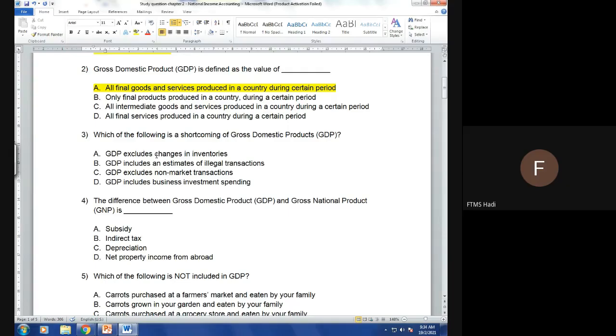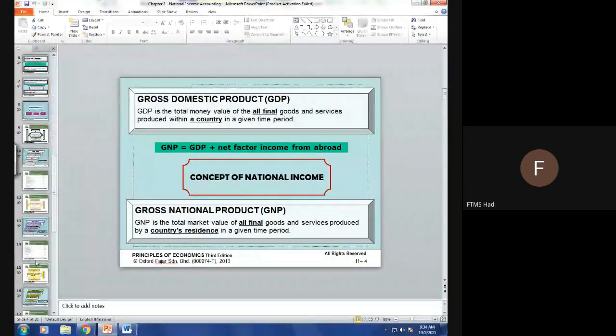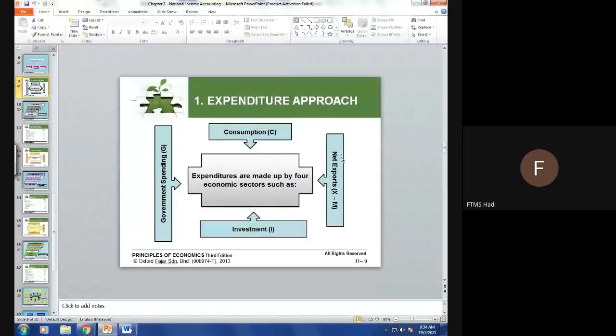Exclude changes in inventories means that they include import and export. This one is true, because in the formula also, as you can see, they include net export, which is changes in inventory. So this one is correct.